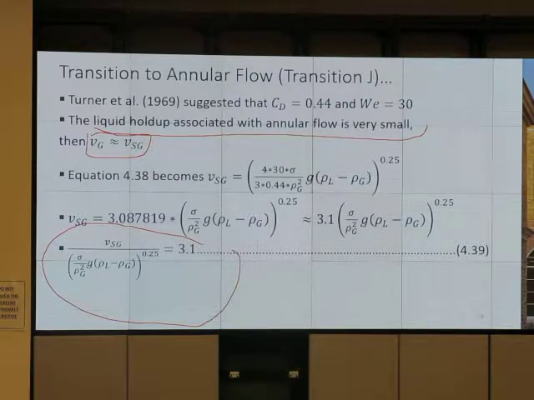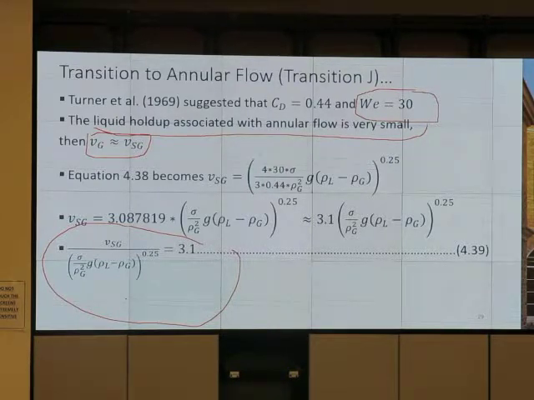The assumptions: everything is a spherical shape, C something equal to 0.44, Weber number is 30, and we don't have much liquid, so VSG is VG. We don't use a normal distribution or anything, it's just the same size. There are some values associated with it, and we can correct it with this.